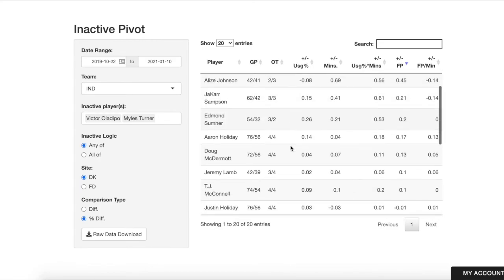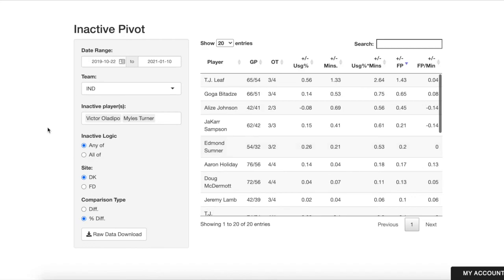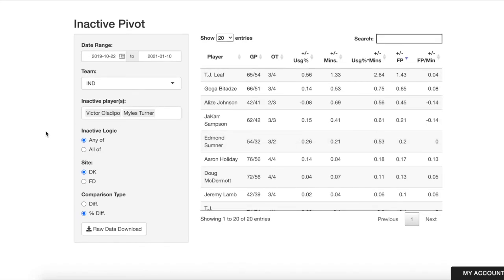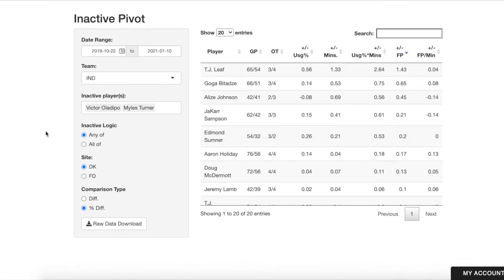So yeah, I find this app to be super useful in responding quickly to injury news and trying to identify players who stand to benefit from the injury or absence of specific players on a team. Obviously, it works best for players and teams where there's kind of significant sample.